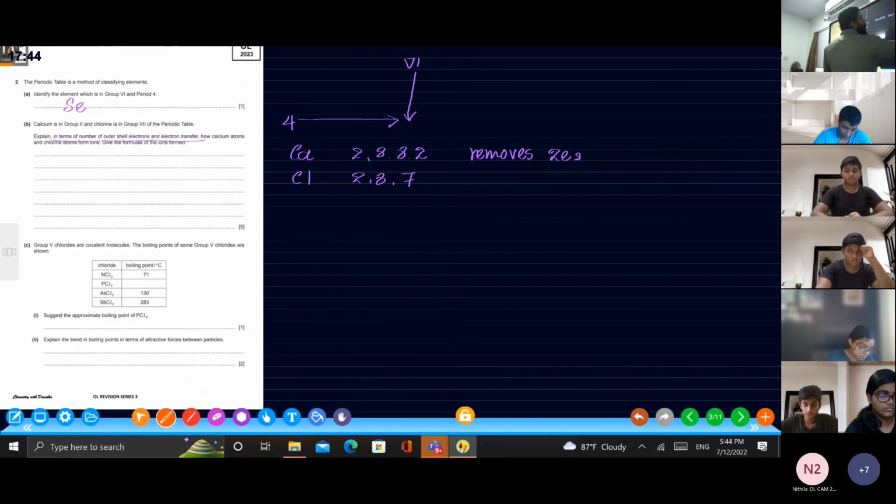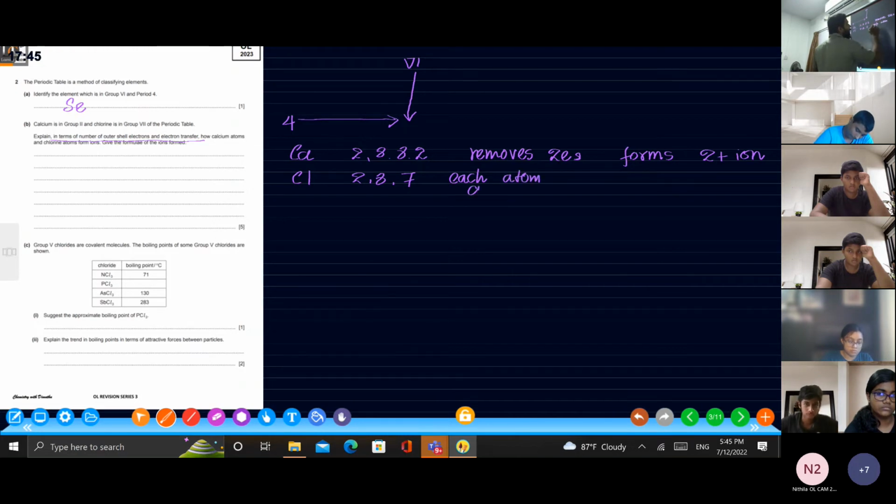Now, I'm not writing the whole paragraph answer. I'm writing the points where the marks are located. So it forms a 2 plus ion. And each chlorine atom gains 1 electron, so it forms a -1 ion.